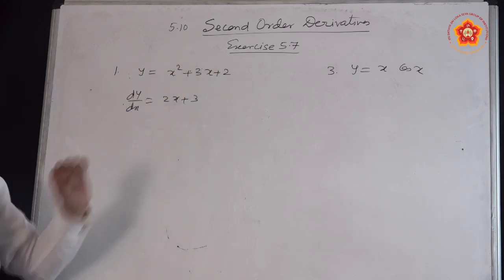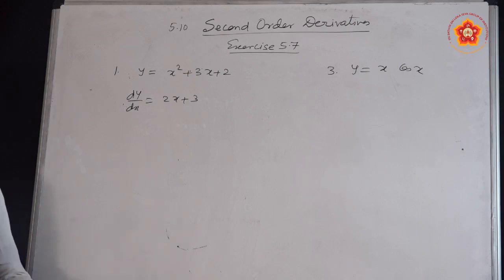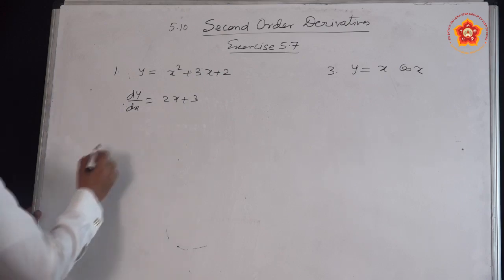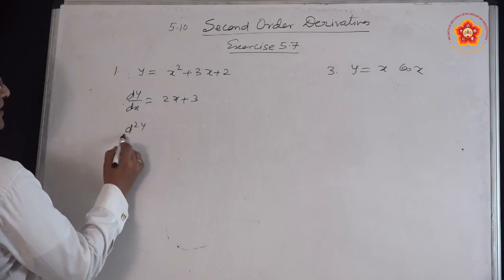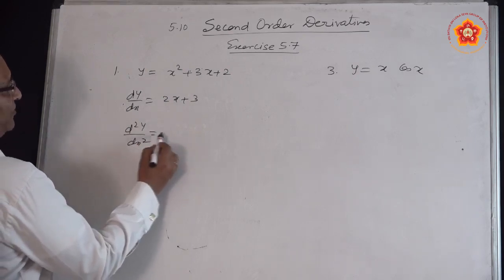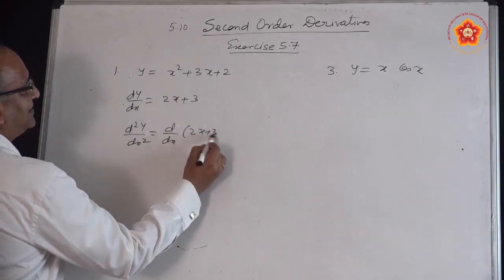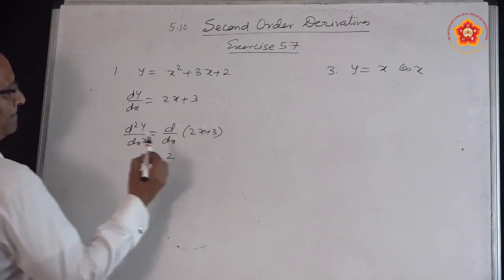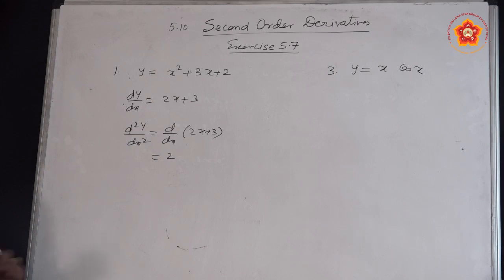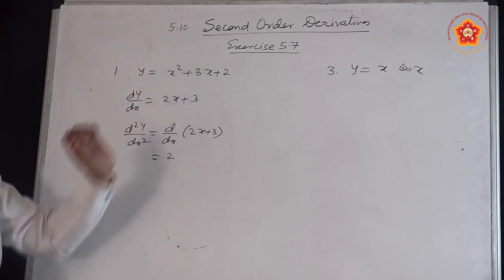So, the answer is 2x plus 3. Differentiate it a second time because we are finding the second derivative. So, we write d2y by dx square equal to, once again the derivative of 2x plus 3, the answer is 2. So, 2 is the second derivative of the given function.